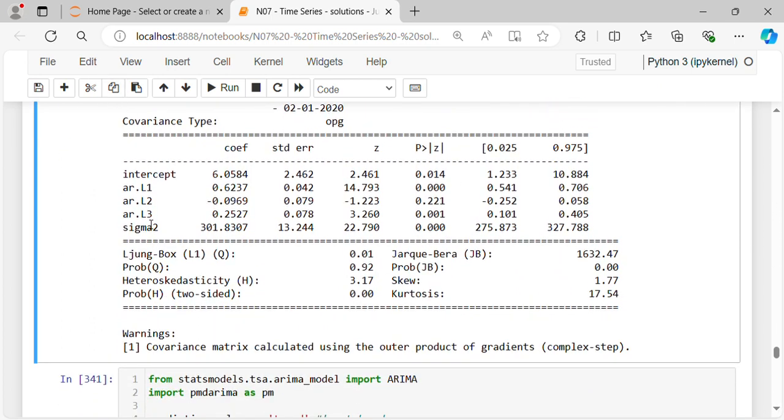And then the intercept coefficient is 6.0584.